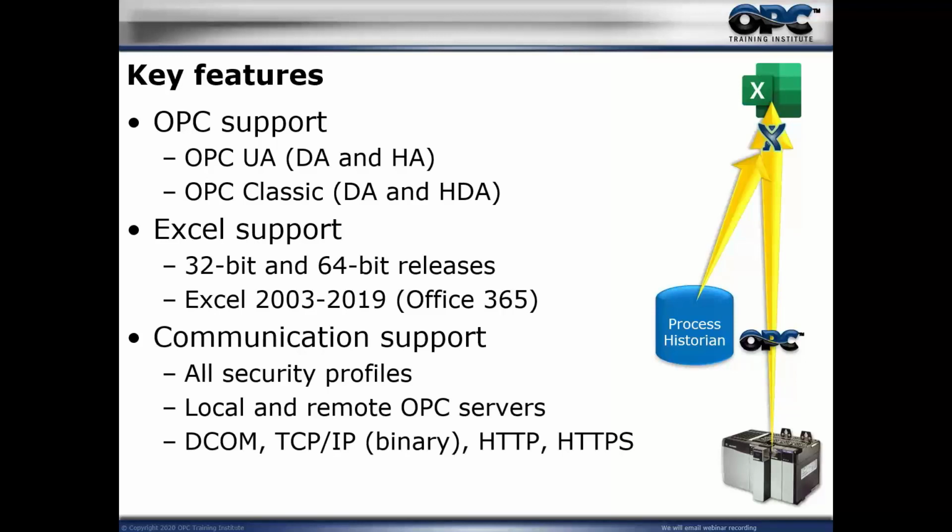As far as the communication, OPC Expert supports all the security profiles. It does local and remote OPC servers using DCOM and also OPC UA, so TCP/IP, HTTP, HTTPS. So it supports all of those communication mechanisms, and it can, of course, run as a Windows service if that's what you need.